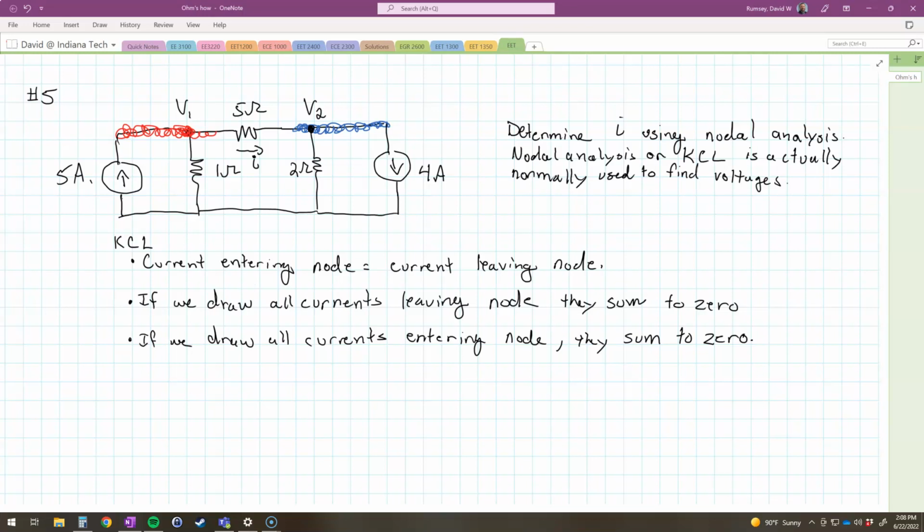Now you might say, it looks like I'm dealing with currents. How do I find unknown voltages using this? Well, what we do here is we use Ohm's law to convert the currents to voltages in our equations. That's how it's typically used to find unknown voltages.